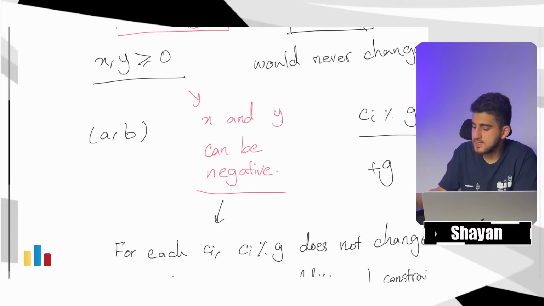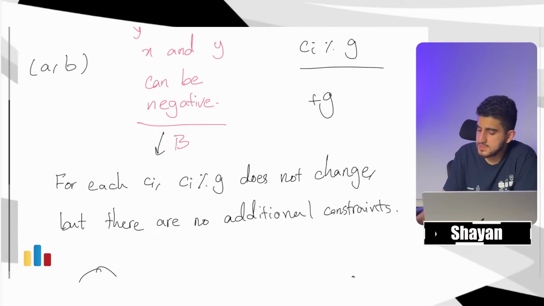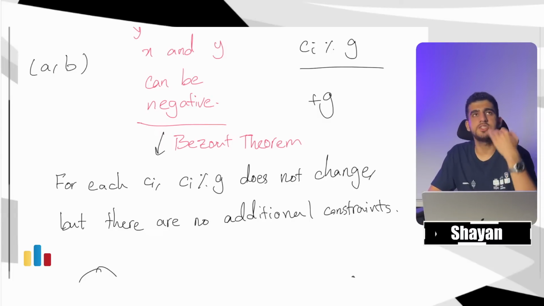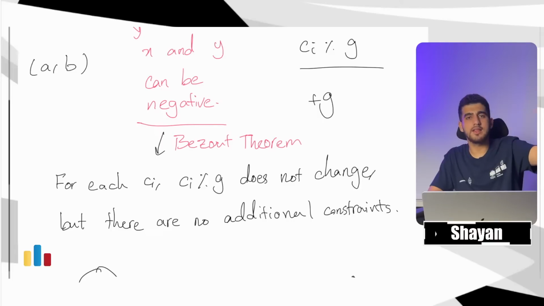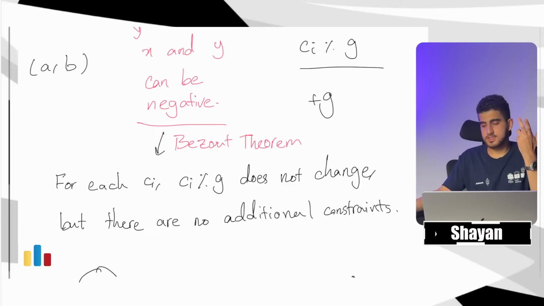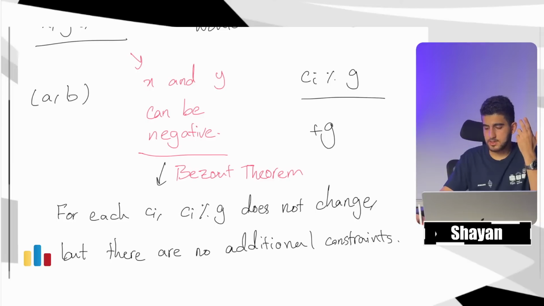Then if they can be negative, based on Bézout's theorem, we know that ci modulo G cannot change, because each time we are adding a or b or subtracting a and b. G is the GCD of a and b.